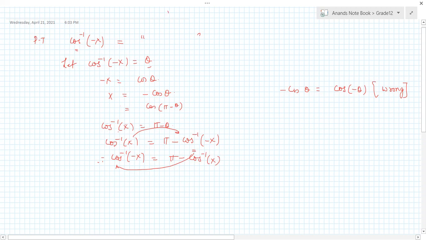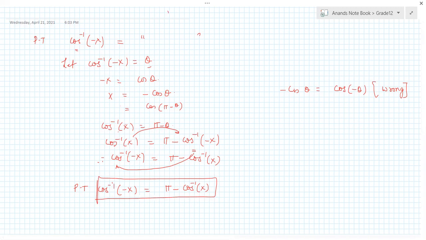What I have not written here is this: prove that cos inverse of minus x is equal to pi minus cos inverse of x. Okay.